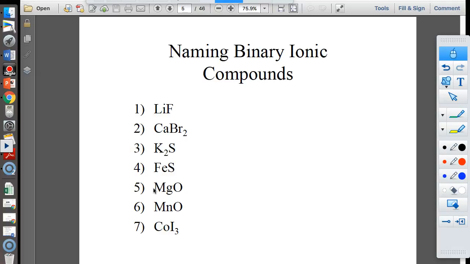When you're doing number 4 and number 6 and number 7, those are when you're going to want to use that shortcut I showed you if you need to.